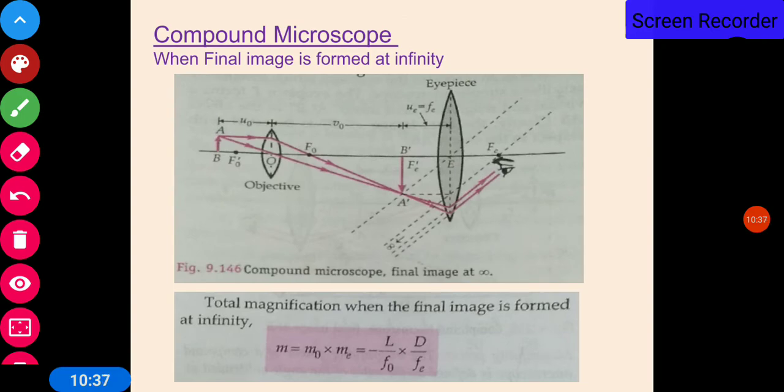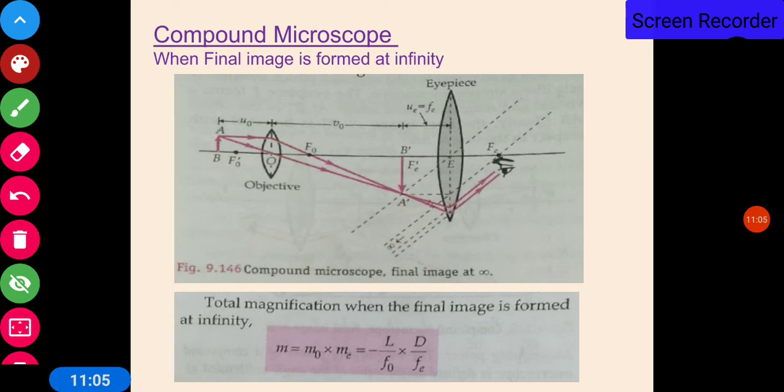And now in that case the ray diagram will be like this. Here the image formed by the objective will form at the focus of the eyepiece, and when the object is at focus, then the image forms at infinity. So the image of A dash B dash by the eyepiece will be formed at infinity, and so the rays will be parallel to each other.